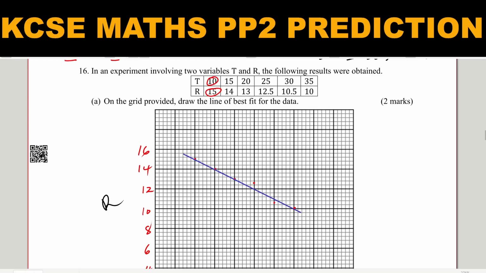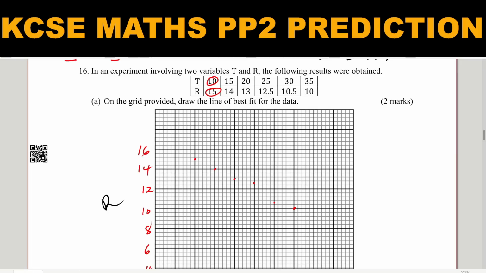I think that would be the best line, so I can extend it. When you're drawing the line of best fit, ensure that when you draw a straight line, the majority of the points that you plotted are lying on that line.